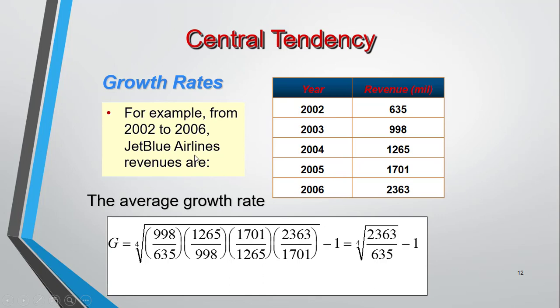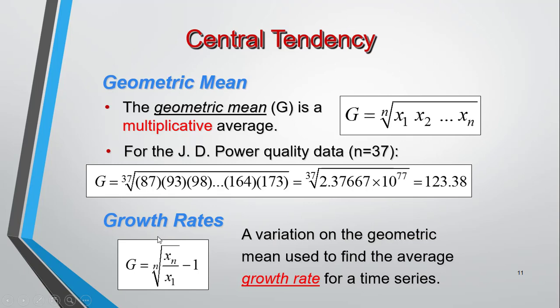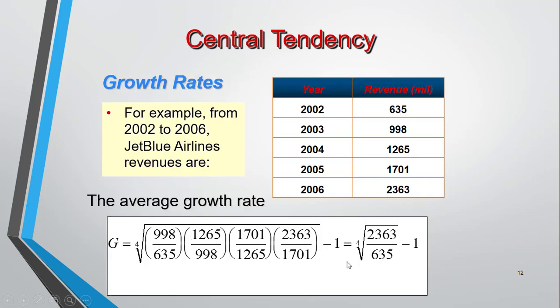That's where you use the growth rate calculation. You use it over the 4 years after 2002. Basically you use xn over x1 minus 1. Xn is the final, largest one, 2363 over 635. And you find the fourth root of that, and minus 1.